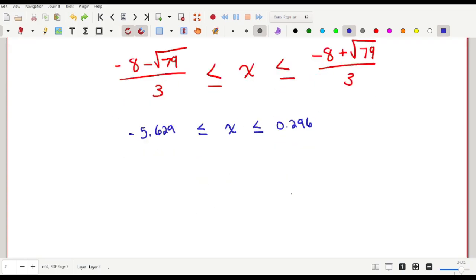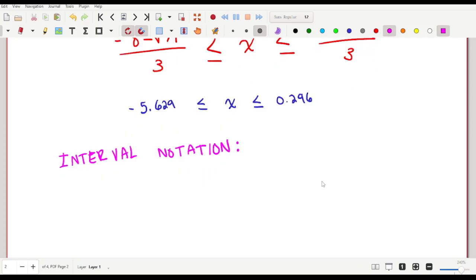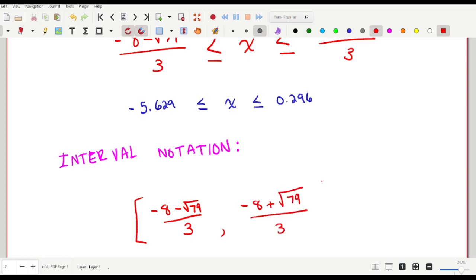If we're going to write this answer in interval notation, we are going to say that from -8 minus the square root of 79 over 3, we're going all the way to -8 plus the square root of 79 over 3.